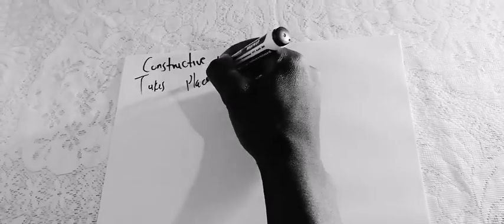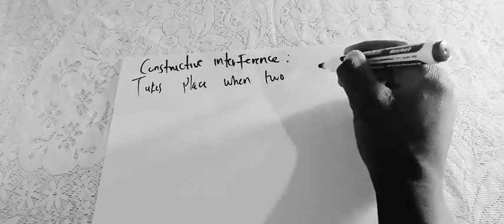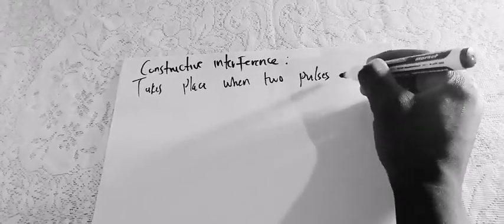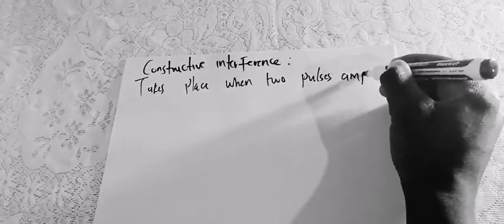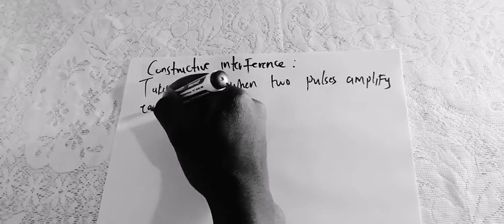A constructive interference, one of the two types of the interferences, takes place when two pulses amplify each other. The word amplify means sum or add.